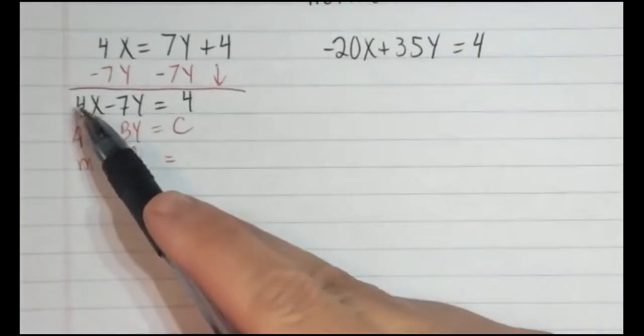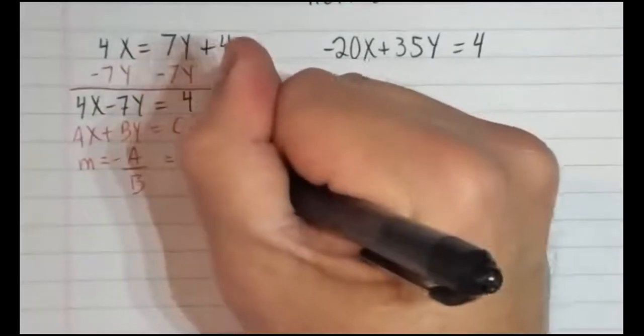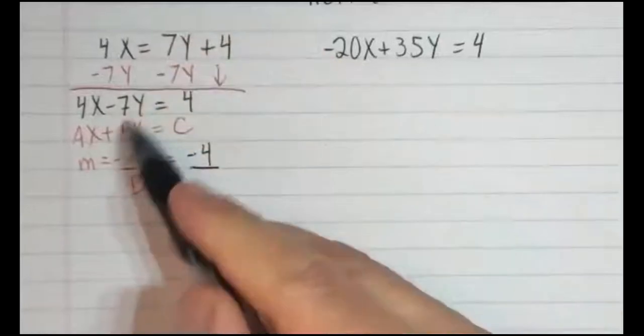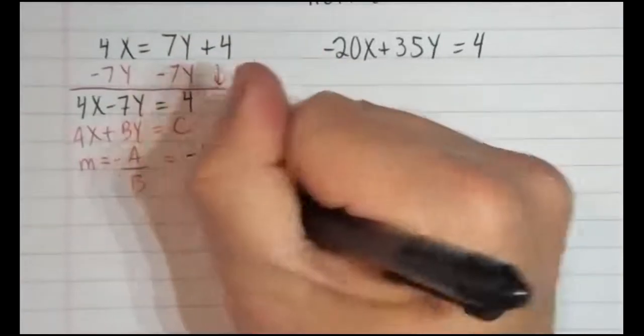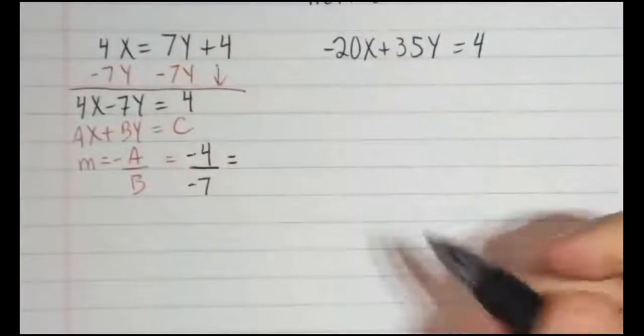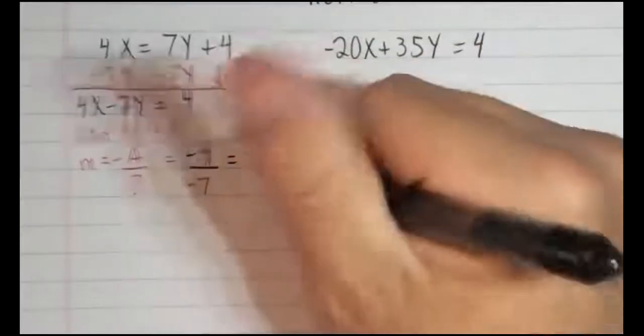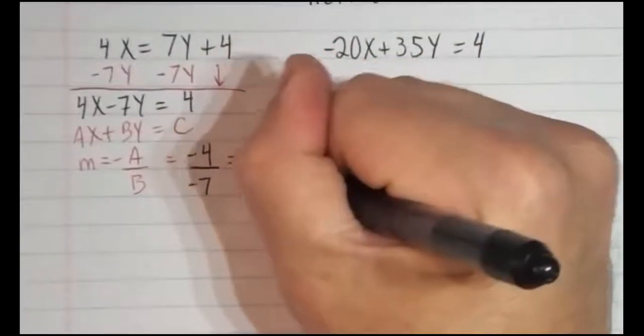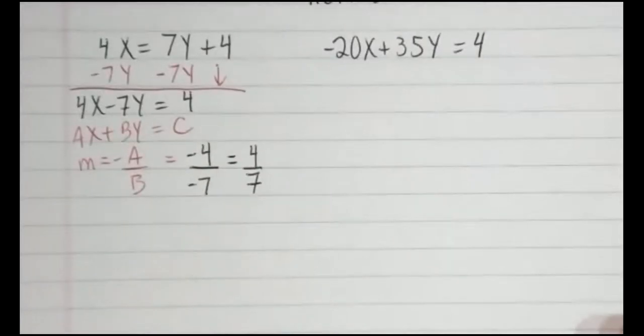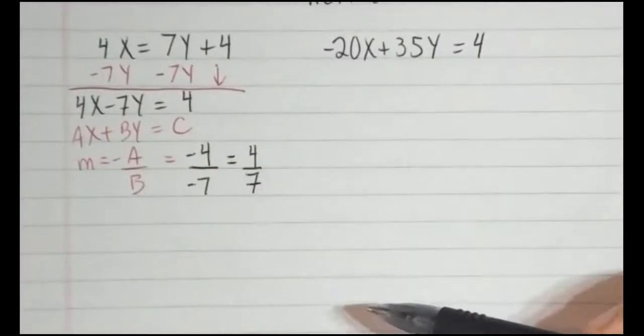So I'm going to take the negative of the A, negative 4 over B. In this case, B is negative 7. So I have negative over negative. That's going to give me 4 over 7. Both those negatives make this a positive.